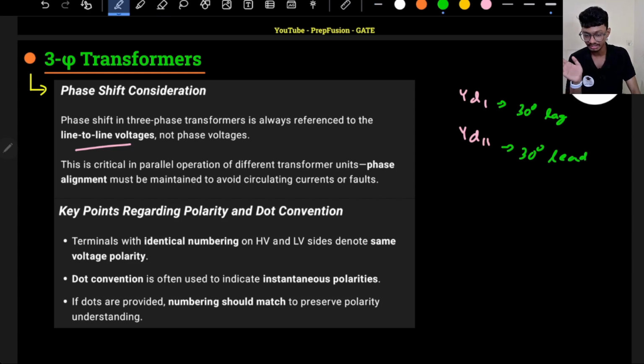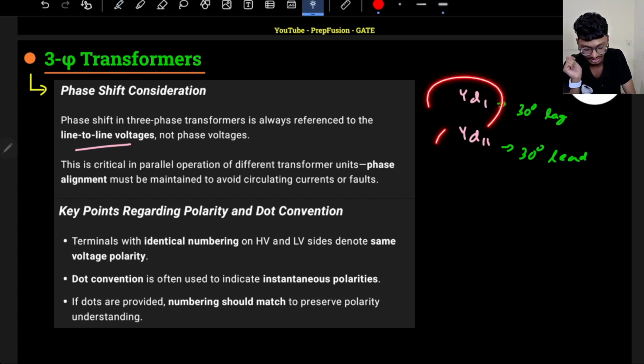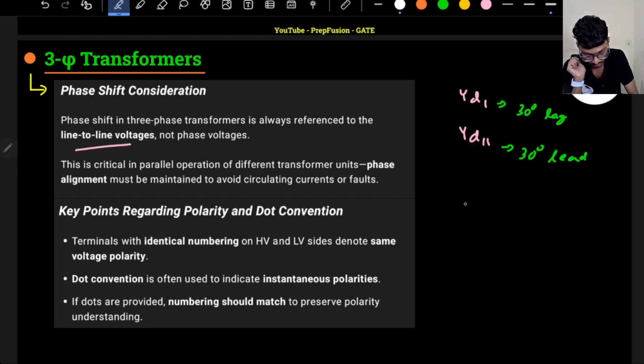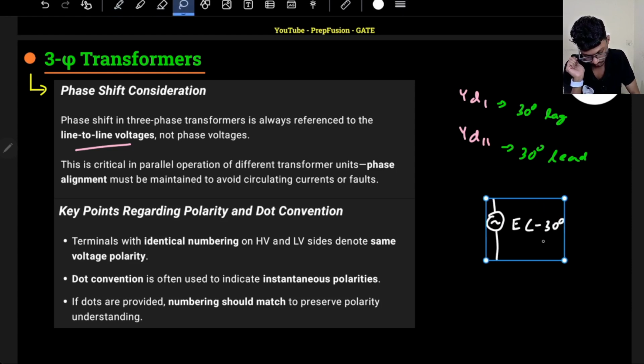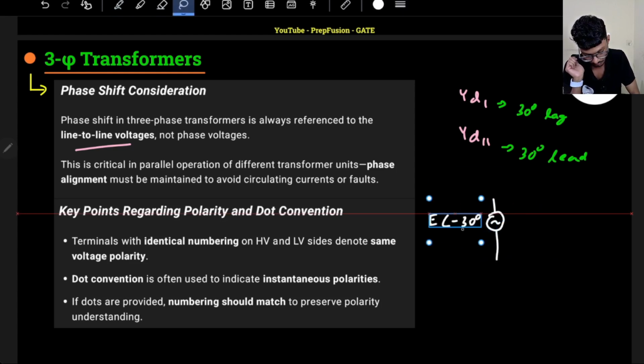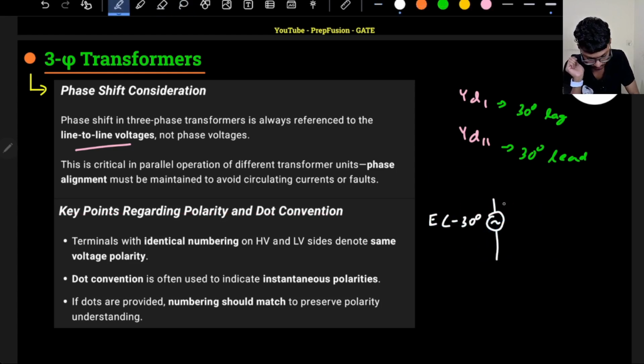Let's assume that the LV winding is the secondary side. If these two transformers are connected in parallel, this voltage source will be some V of angle minus 30, and this voltage source will be some V of angle plus 30.